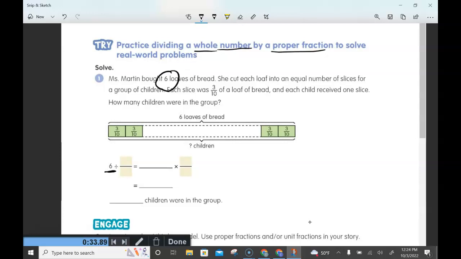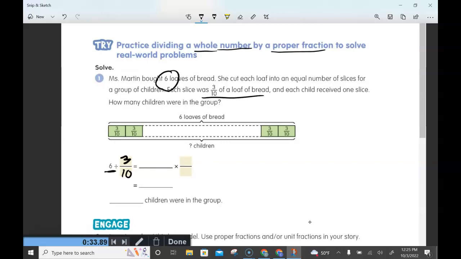Because if you take 3/10 divided by 6, you're going to get a completely different answer. So understanding what your dividend, what your divisor is important. So whatever you have that you're dividing is going to be your dividend, that first number. What do you divide it by? 3/10. Why 3/10? Because it says each slice was 3/10 of a loaf of bread there.